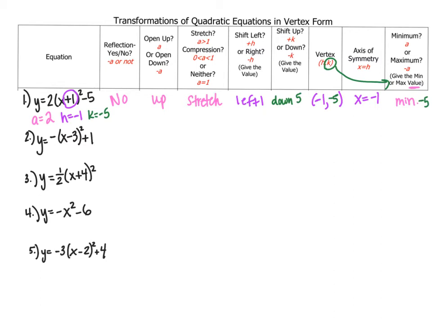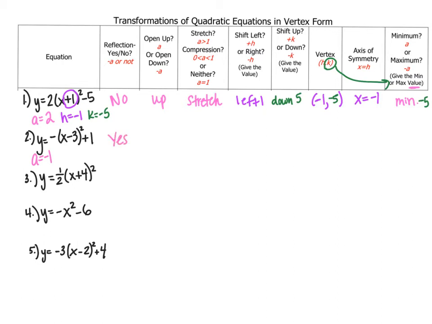Okay, so we're going to do it all over again a couple times just to make sure that we really are understanding. So first thing I'm going to look for is the A. My A here is a negative, and if there's no number, we're going to use a 1. So a negative 1, let's see what that does. It's going to actually make us reflect.